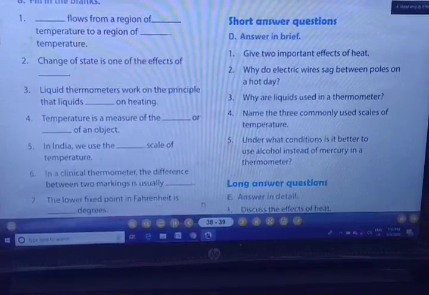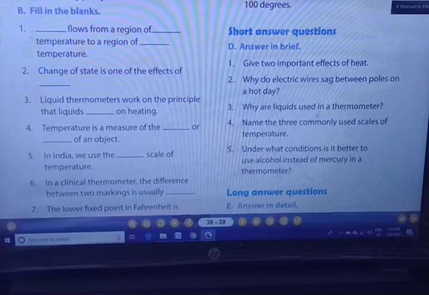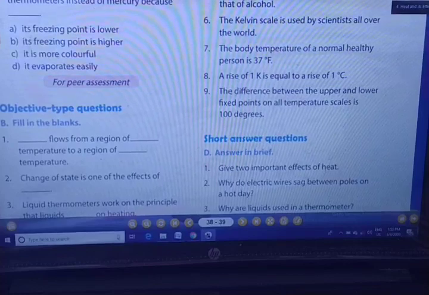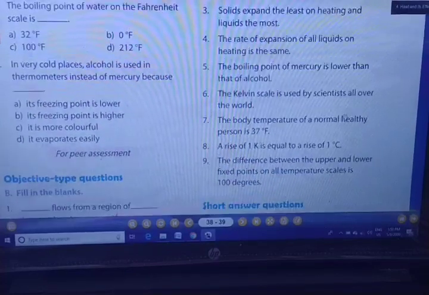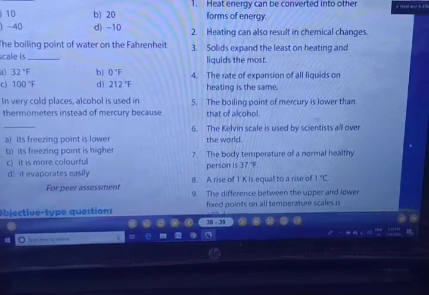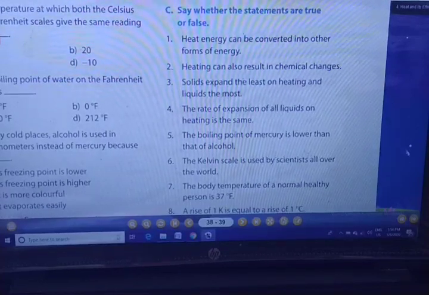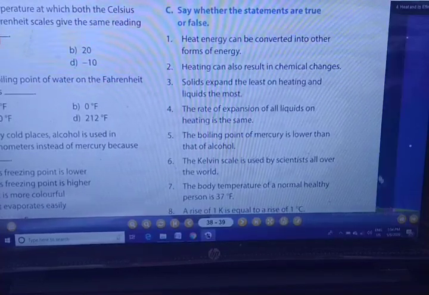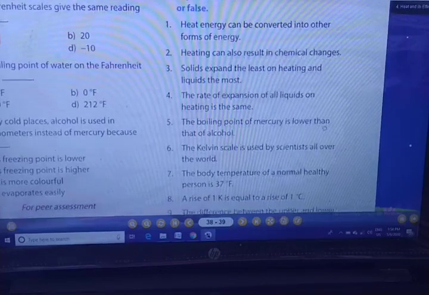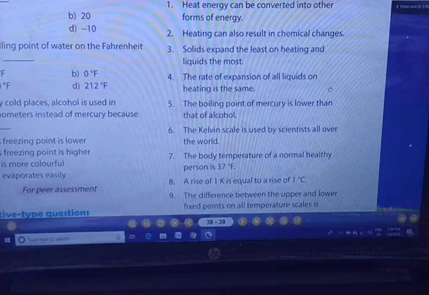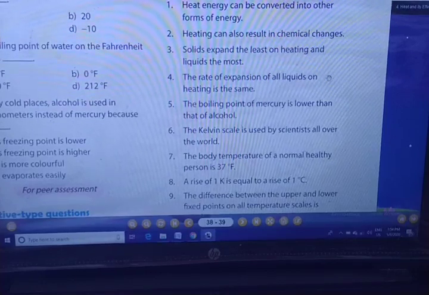Got it? Now I will show you some true or false questions. So you have to just write these true or false questions. Got it? So here there are some questions. Say whether the statements are true or false. How many questions are there? 9 questions. So you can write these 9 questions or take a screenshot.